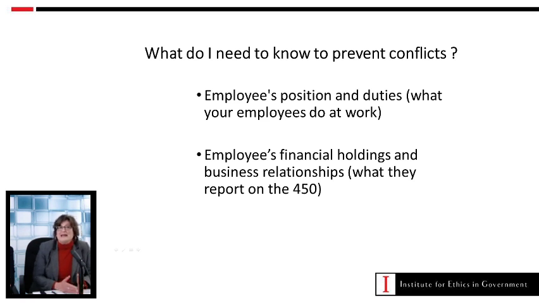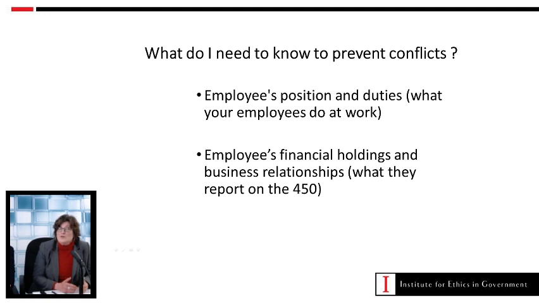But at the end of the day, I think what you need to be thinking about when you're looking at an OGE Form 450 or another similar form is that this is a request for advice and counsel. The employee is coming to you with certain information, and you're being tasked with applying the law to the information that you've been given to determine whether there's any possibility that this employee might bump up against either the criminal conflict of interest statute, 208, or other laws and regulations with ethical implications.